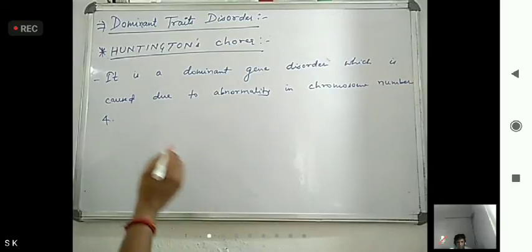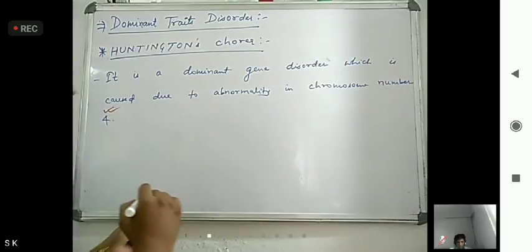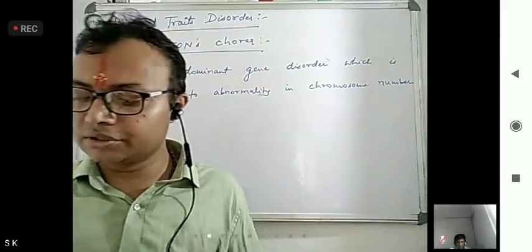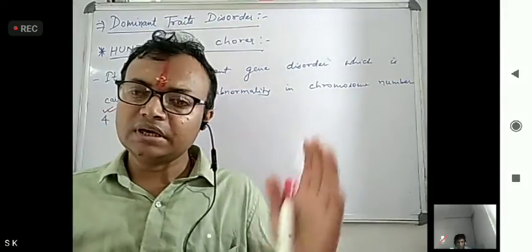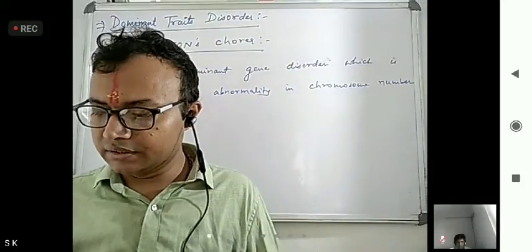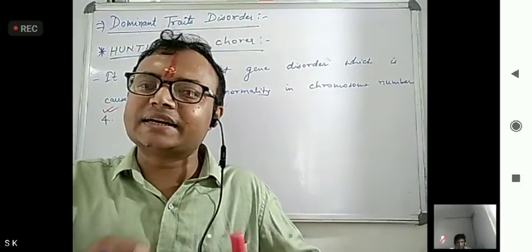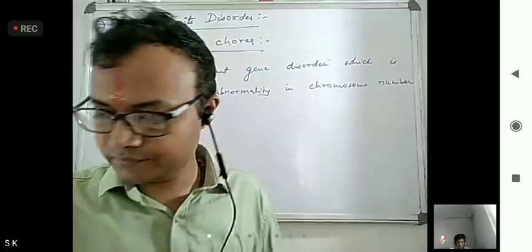What I told, it is abnormality on which chromosome number? So that is chromosome number 4. And here what happens? Muscle and mental deterioration occurs.